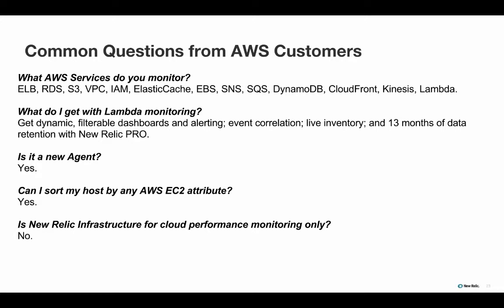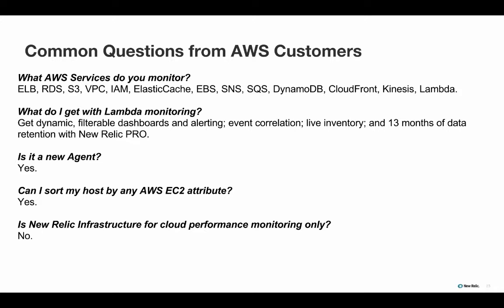So with that, we'll do a couple of common questions just to get these out of the way. What are the AWS services that we actually monitor? I've shown you this a couple different times now, but I'm going to leave this up here so you can actually read through and see if your favorite's on there. What do I get with the Lambda monitoring? We actually delved into that a little bit. A couple of the big things that we like calling out are, it's cross-region, it's more filterable and dynamic, there's the event correlation, and then there's a 13-month data retention.